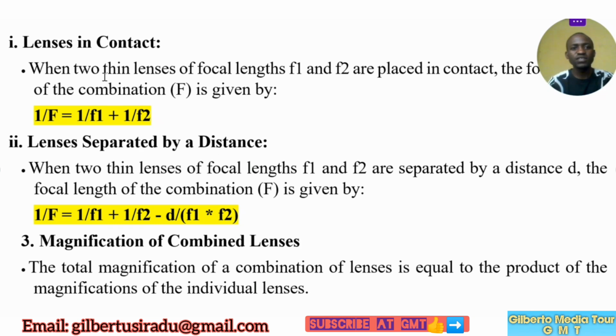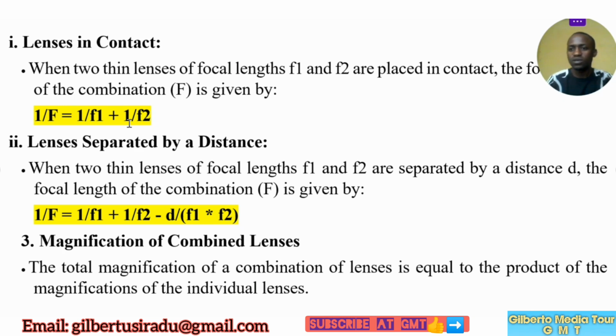So a lens is in contact when two thin lenses of focal length f1 and f2 are placed in contact. The focal length of combination, which is capital F, is sometimes given by this formula. When you have two focal lengths, it means you have two lenses.